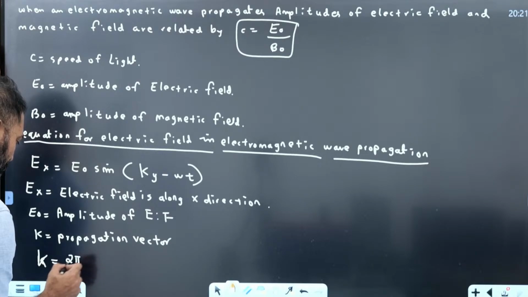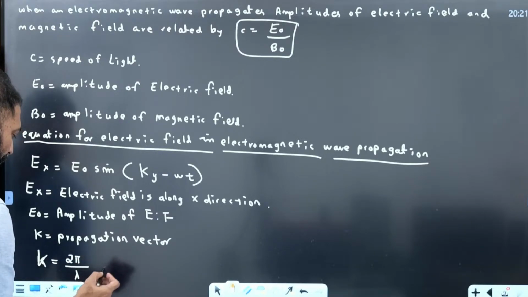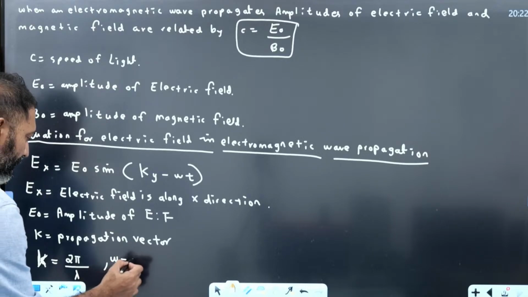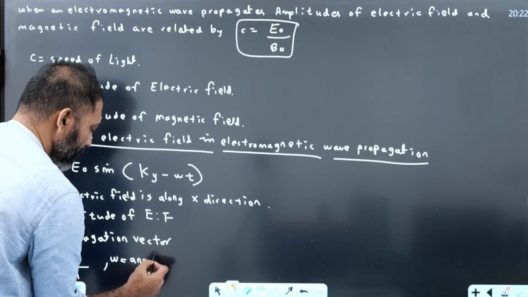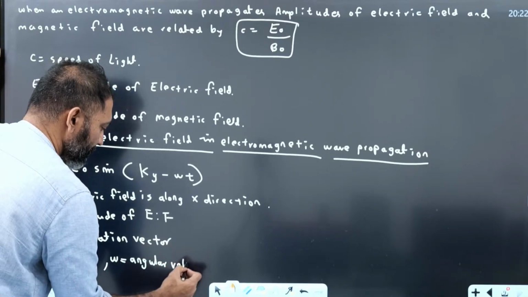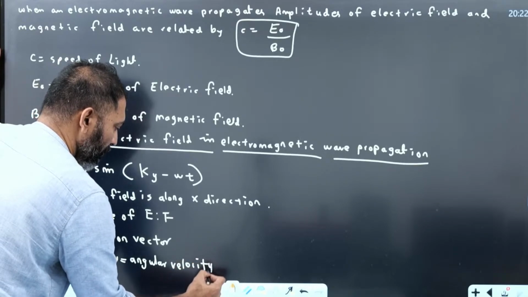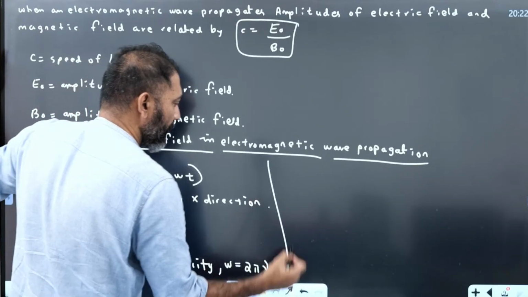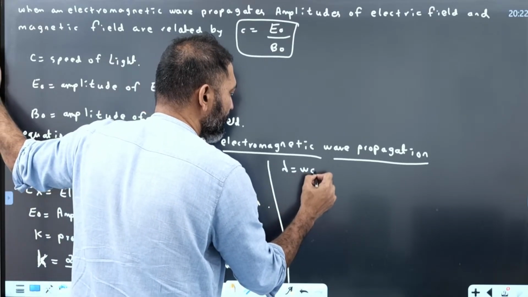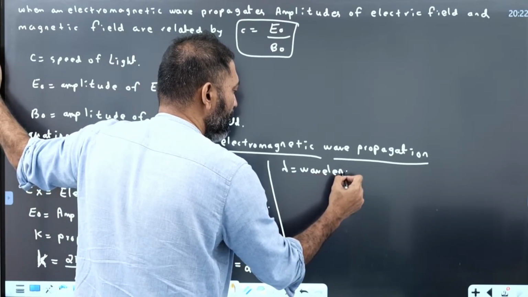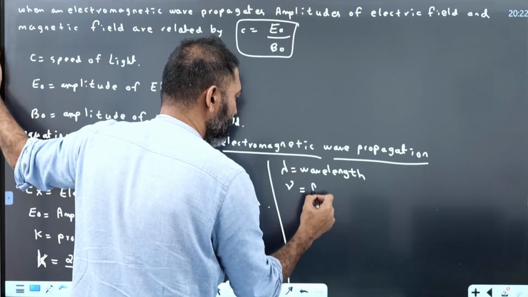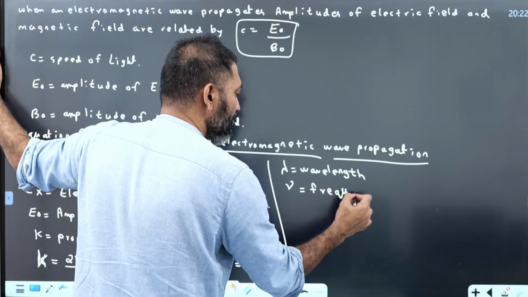Omega is angular velocity. Omega is equal to 2 pi nu. Lambda is wavelength. Nu is frequency.